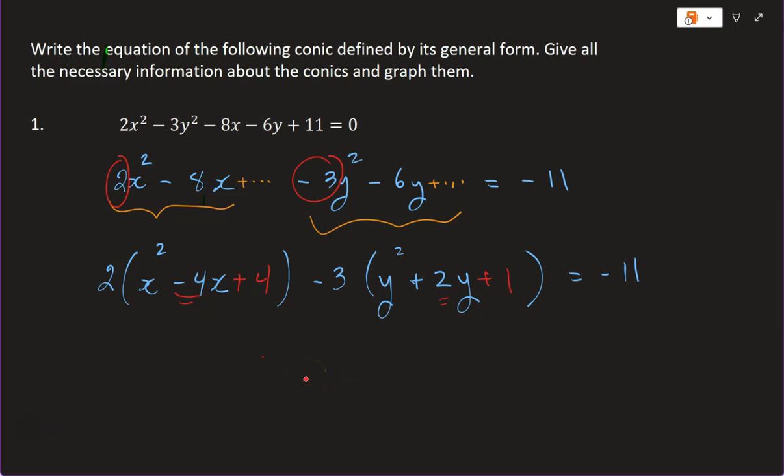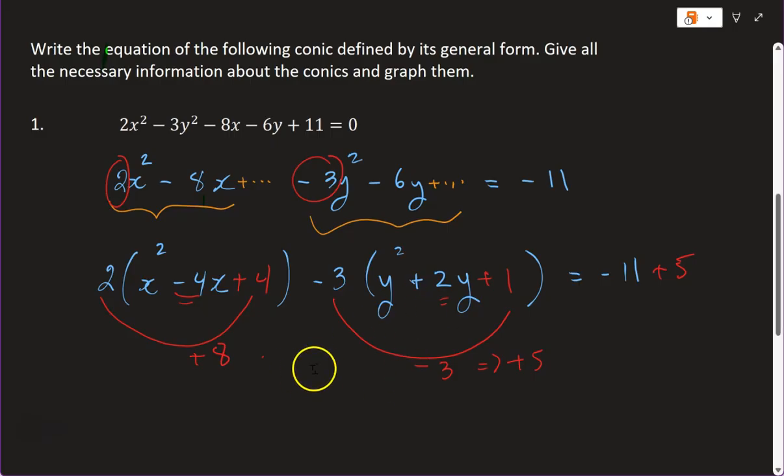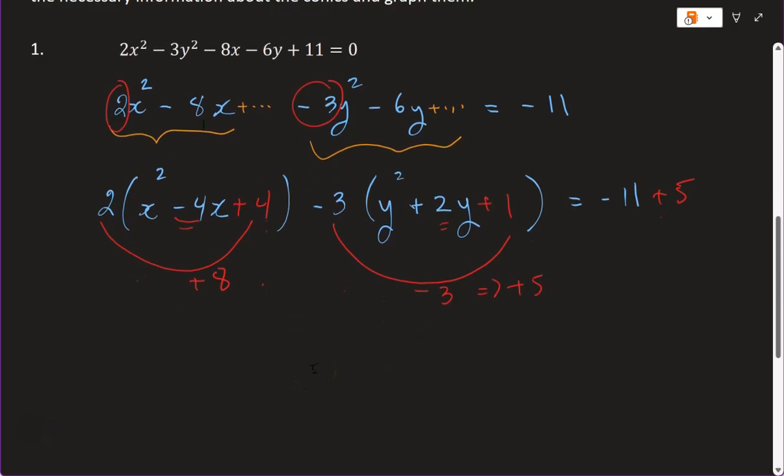We added 2 times 4, so we just added 8 on this side, the first part of the trinomial. And then on the second part, we subtracted 3. So together, we added positive 5. Therefore, we have to add positive 5 to the other side. Okay, that's what we need to do.